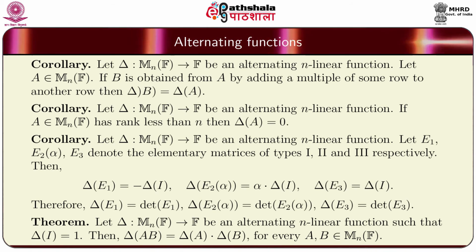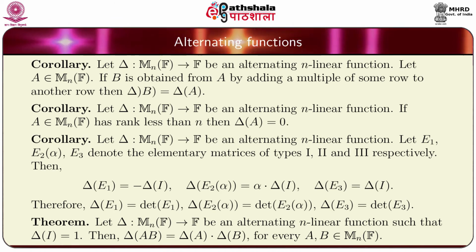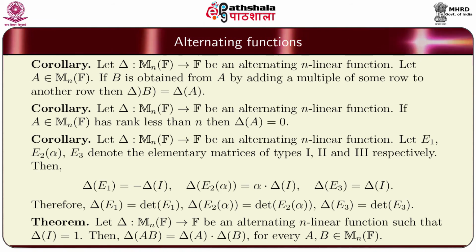And a theorem says: let delta from M_n(F) to F be an alternating n-linear function such that delta of I is 1. Then delta is multiplicative: delta of AB is equal to delta of A times delta of B for every A, B in M_n(F).